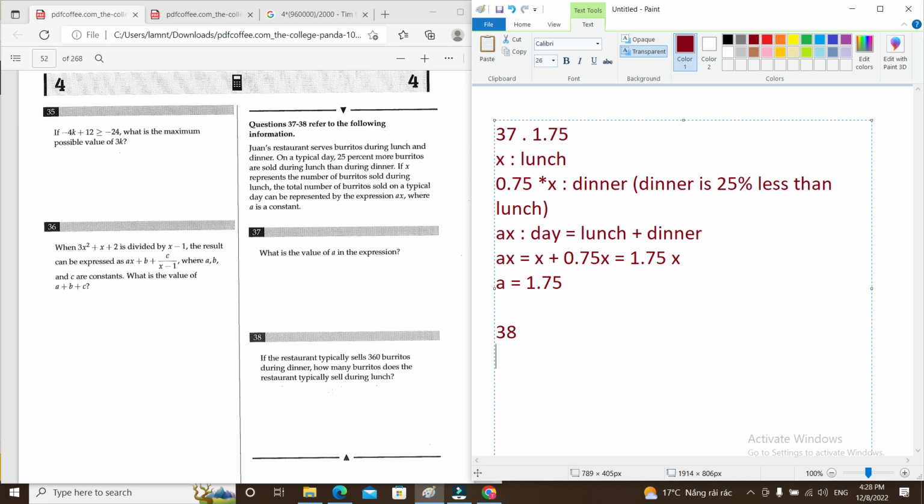Dinner we know is 0.75x, and now we are given it to be 360, and we need to find the number of burritos in lunch, which is x. So it's just 360 divided by 0.75, and that's gonna be equal to 480. So I think 38 is 480.